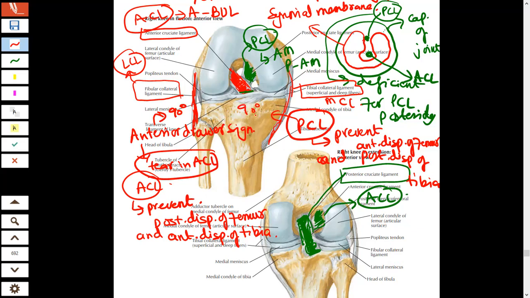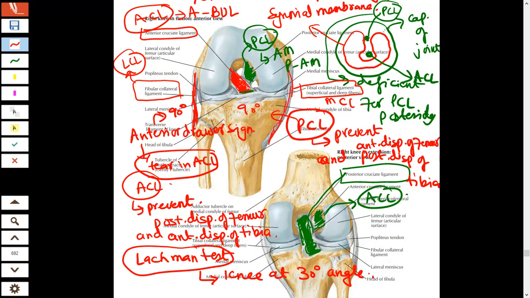Sometimes it can be painful. To prevent that, they make another test that is known as the Lachman test. The Lachman test is the same as your anterior and posterior drawer sign, but the difference is here you are going to place the knee at a 30-degree angle.